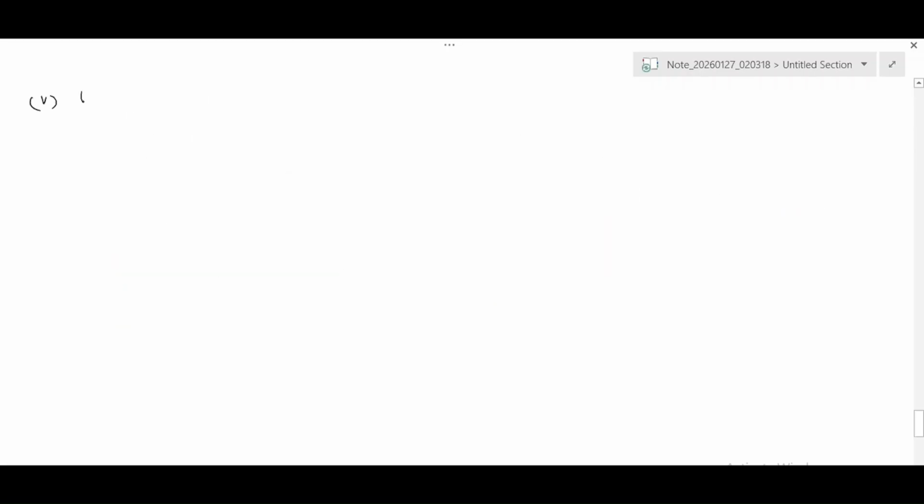Fifth one, t squared minus 15. So this we can write as t squared minus root 15 whole squared. The formula is a squared minus b squared is equal to a plus b into a minus b.